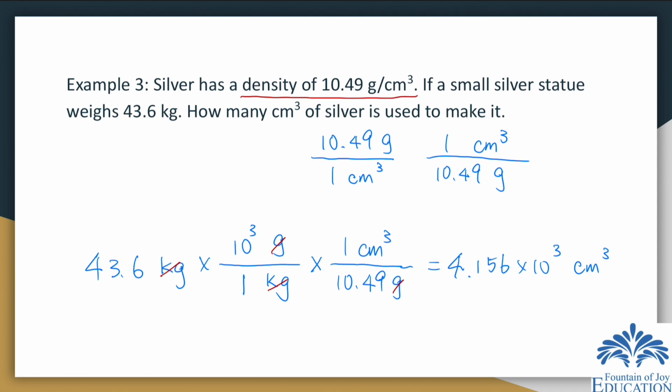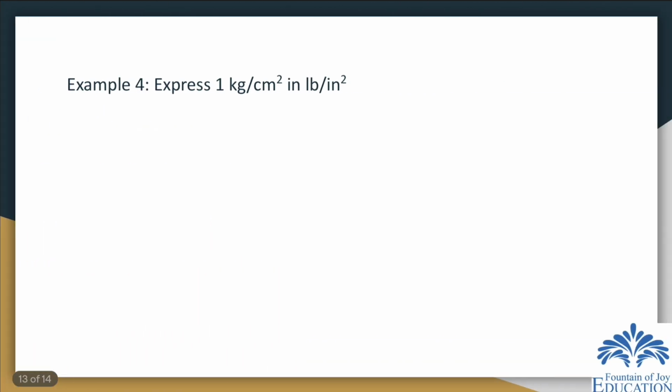The last example that we're going to look at is a conversion between two units. So here's example 4. Express 1 kilogram per square centimeter in pound per square inch. So this is a conversion between two derived units of pressure. We start with 1 kilogram per square centimeter.